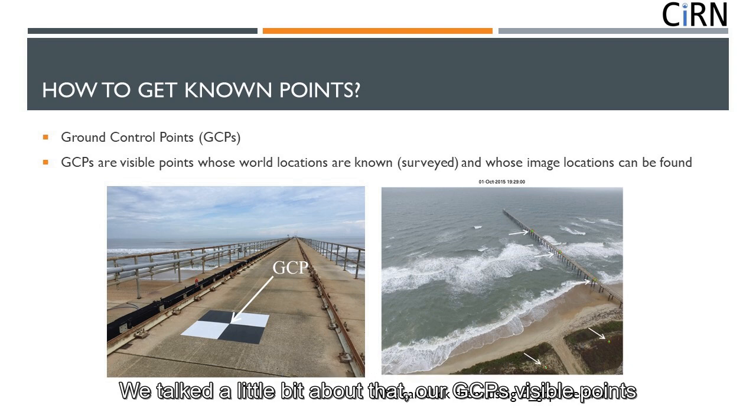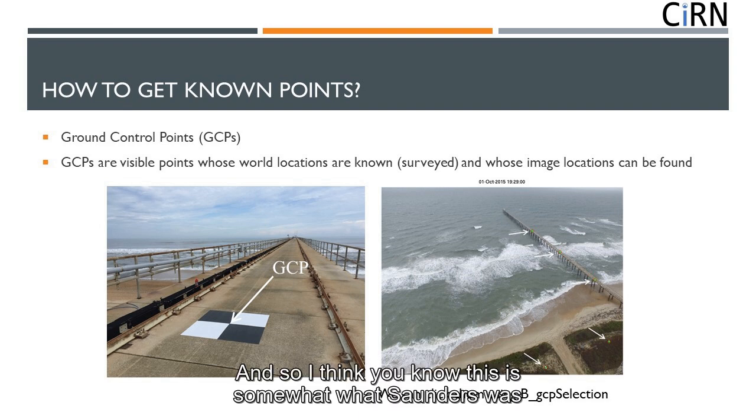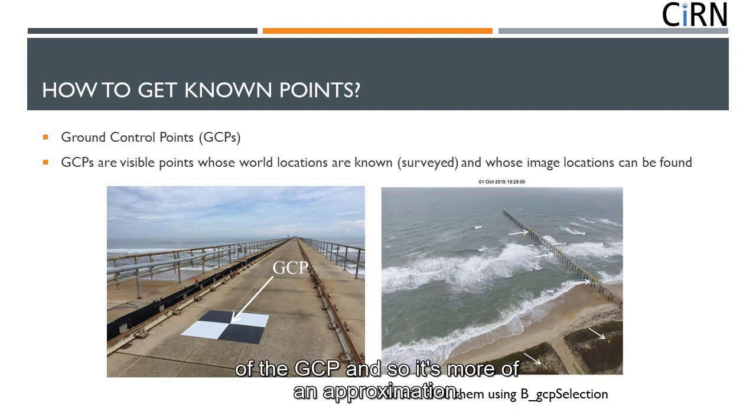All right, so how do you get your known points? We talked a little bit about that. Our GCPs are visible points whose locations are known and whose image locations can be found. This is somewhat what was being discussed: if you look at some of these targets that are at far distances, a pixel is maybe on the order of the size of the GCP, so it's more of an approximation.